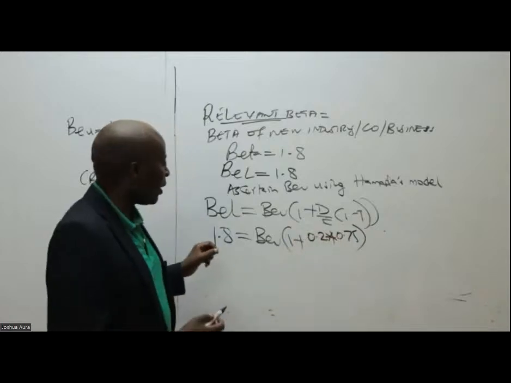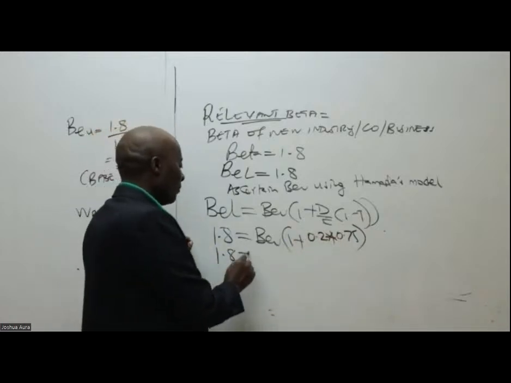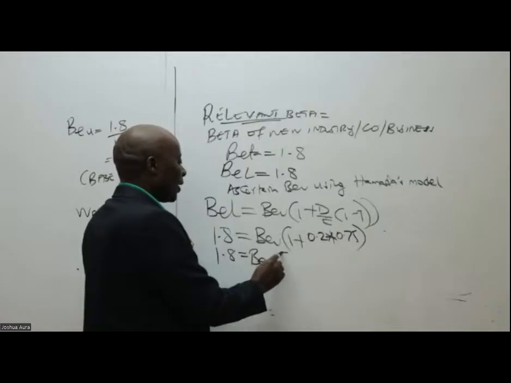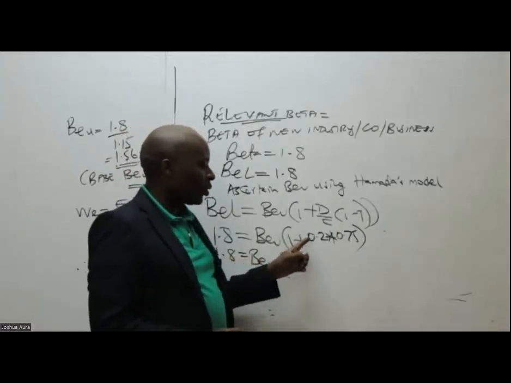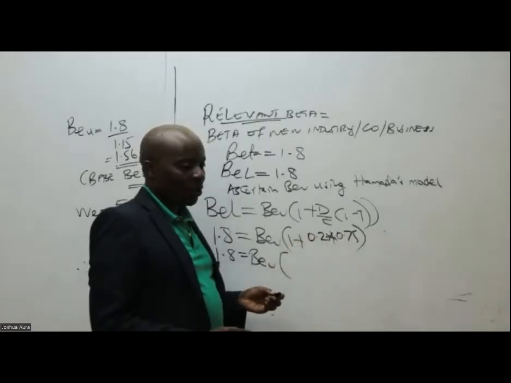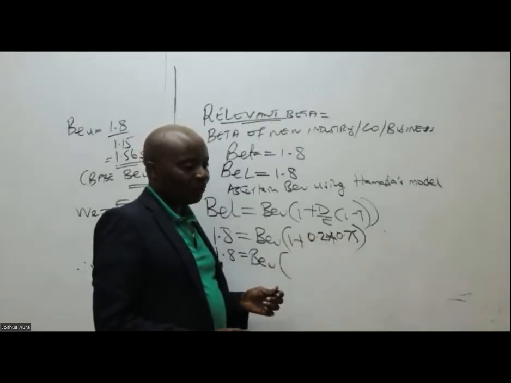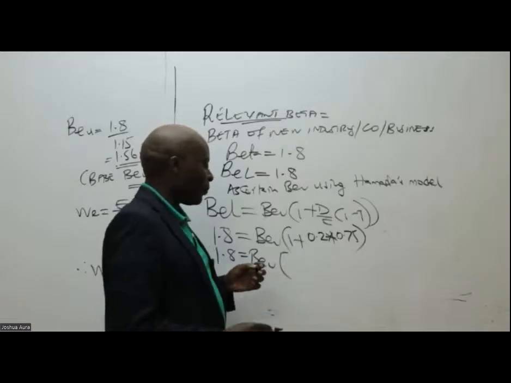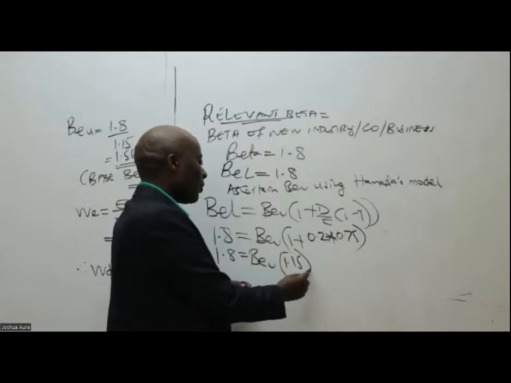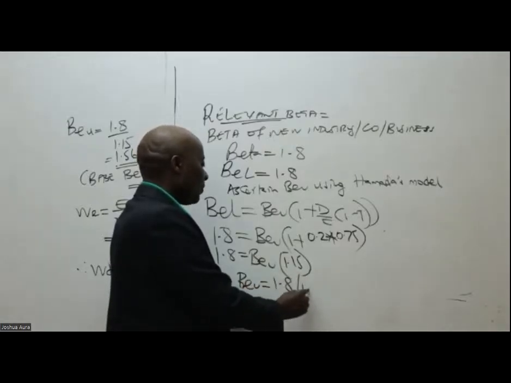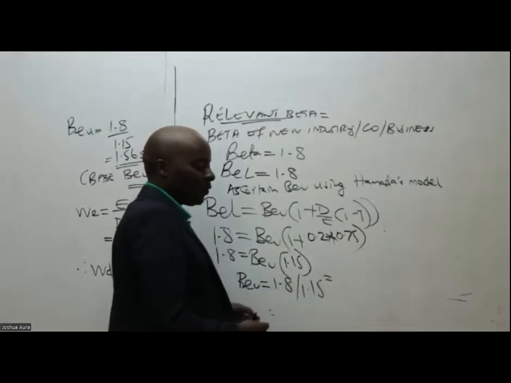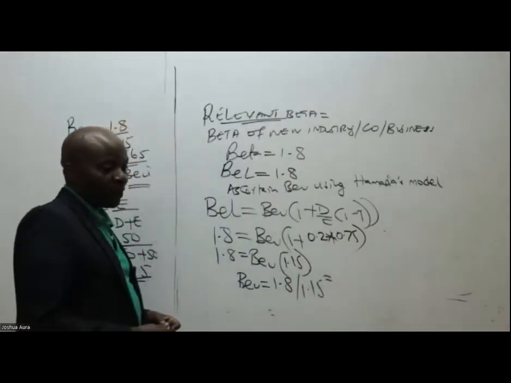So could you kindly give me what we have in brackets? 1 plus this times that. 1.15. So if I make BEU the subject, it will be 1.8 divided by 1.15, which gives me the same answer like the one that you had obtained.